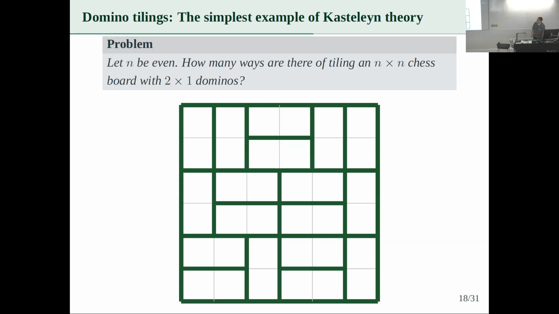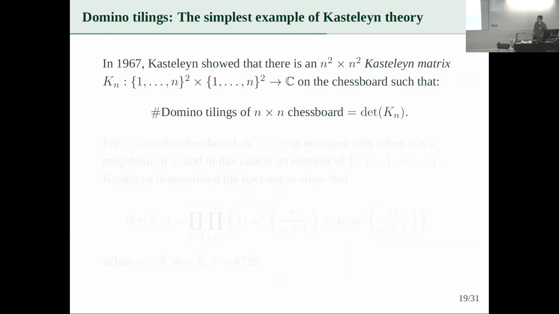However, around 50 years ago, a physicist, Kasteleyn, came up with an ingenious way of tackling this problem. So Kasteleyn showed that there's an operator on the chessboard, which can be thought of as sort of an adjacency matrix with a graph associated with the chessboard. And this operator counts the number of domino tilings of the chessboard.